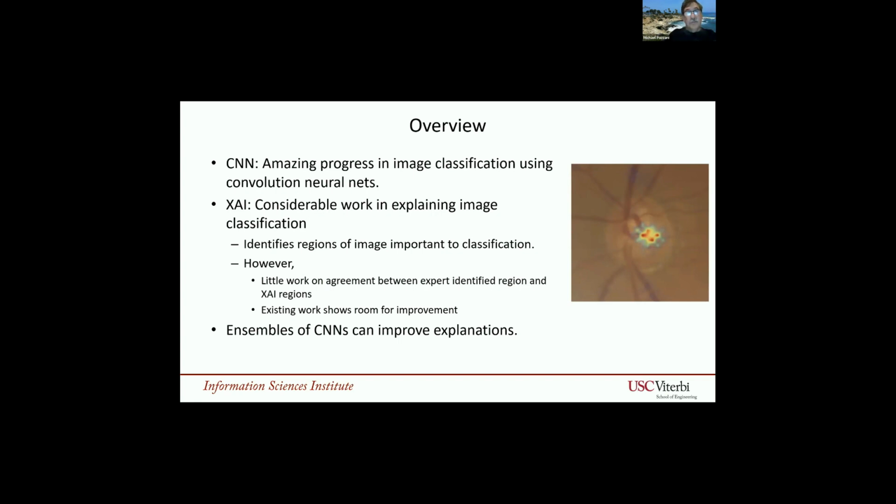And what little work there has been shows there's room for improvement. In this paper, we talk about one way of finding that improvement, which is by using ensembles of neural networks, not just a single network, but several different neural networks to do classification, and then combining the explanations.